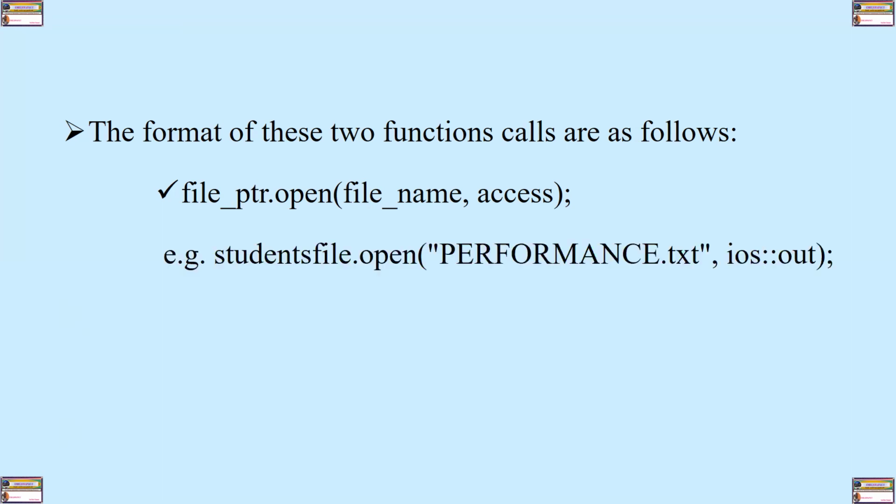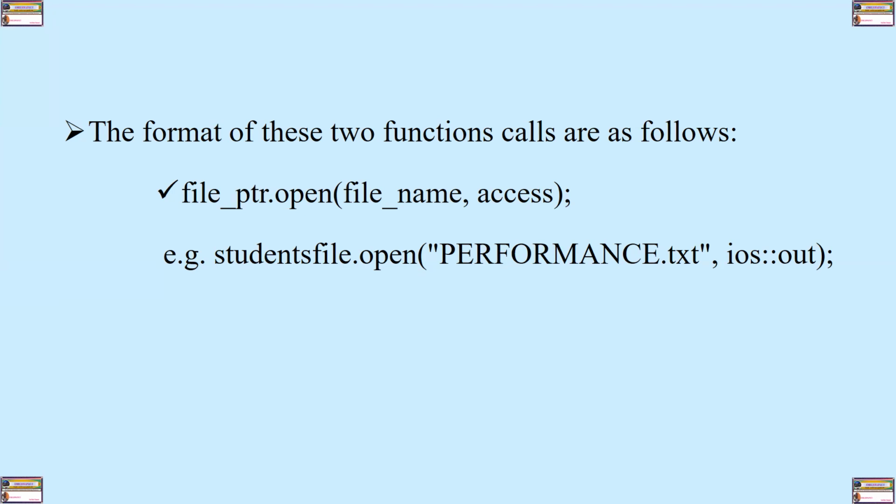For example, if you want to handle a file called performance within your program, you have to create a file pointer that is going to be used to manipulate it. In this case, I'm calling my file pointer studentsFile. So studentsFile is the pointer that I will be using to manipulate the file named performance.